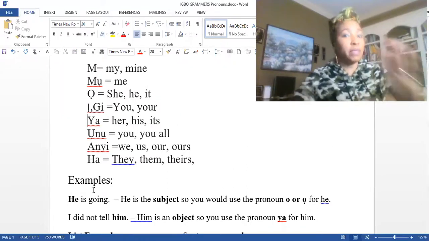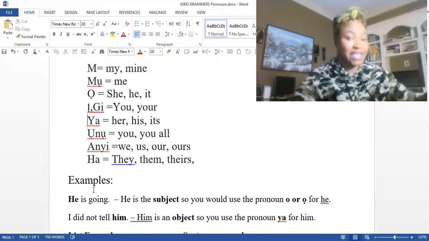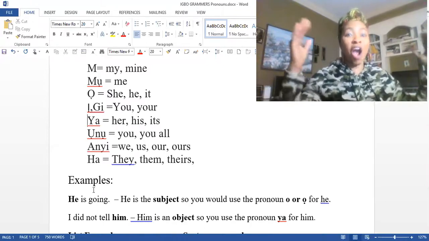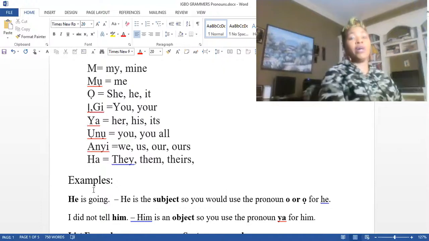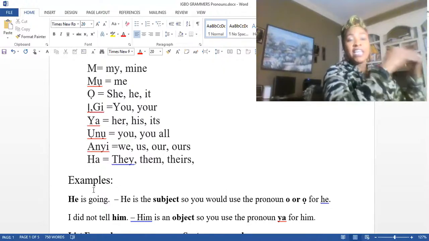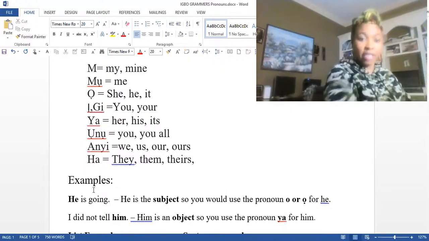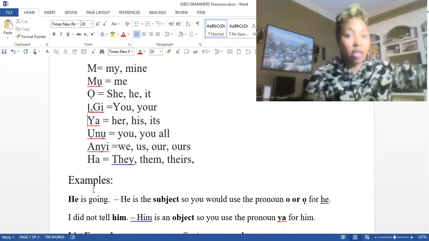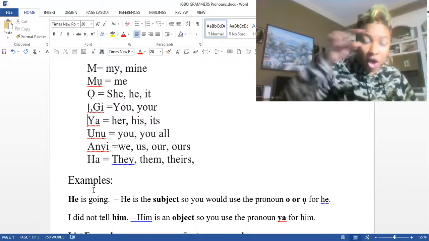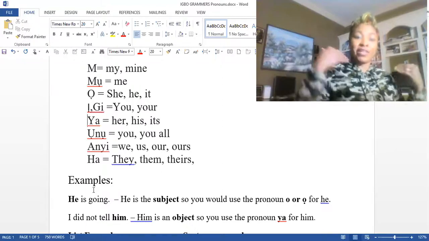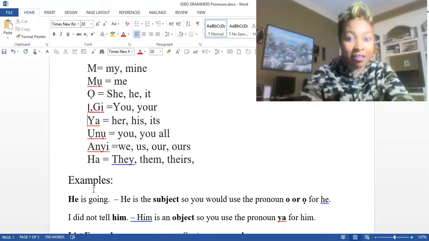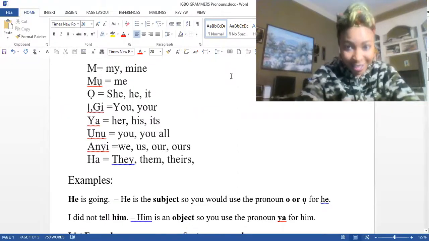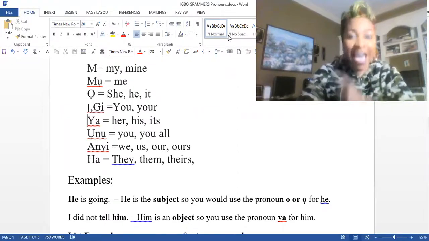Remember when you're saying she, it is different from when you're saying her. That's the point I'm trying to explain. When you're saying she, it, he did it, you are using a, which is the O with a dot. When you are saying ya, it means her. It is hers. It is his.